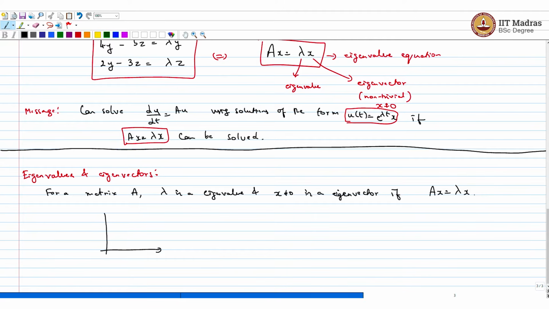So, geometrically, if this is x, then Ax.